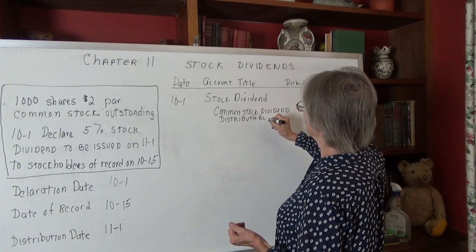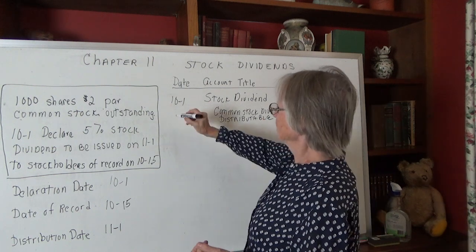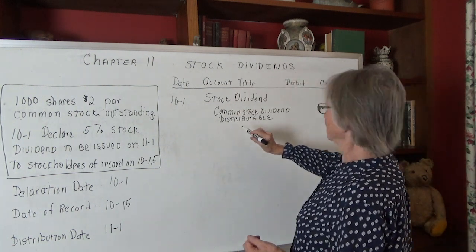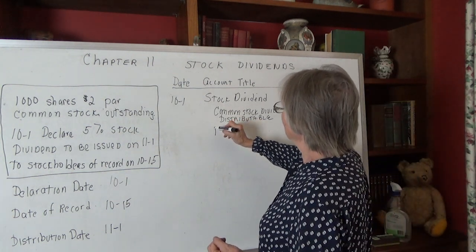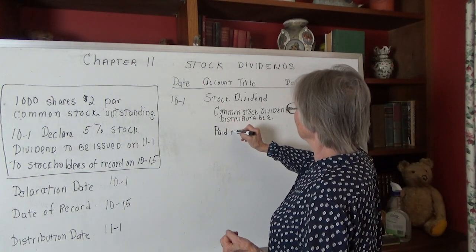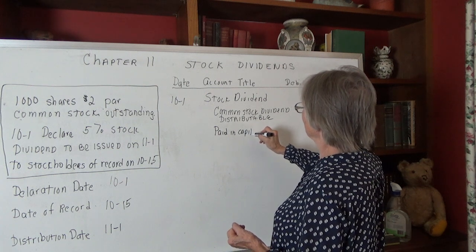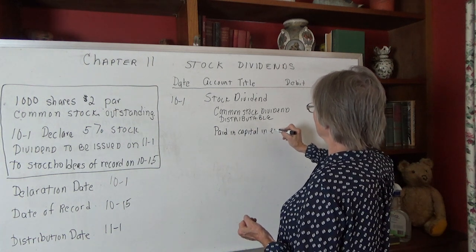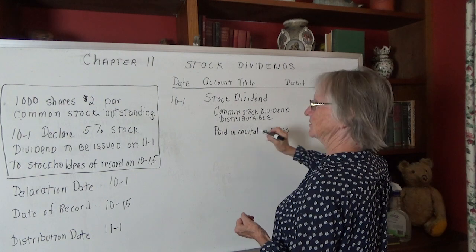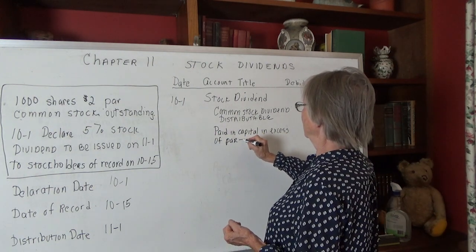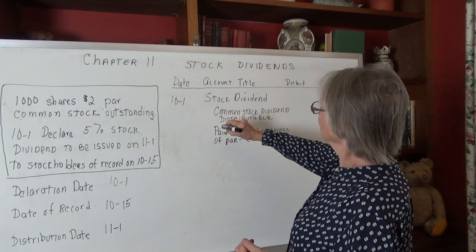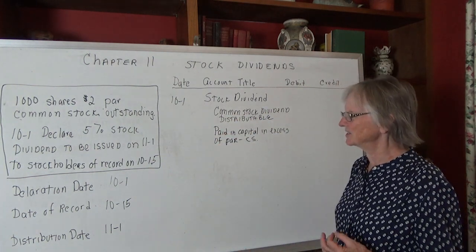I'll write that out once. That quickly becomes a CSDD. Okay? And then we're also going to have paid in capital in excess, and we've got par value stock of par on our common stock. So that's going to be on the declaration date.